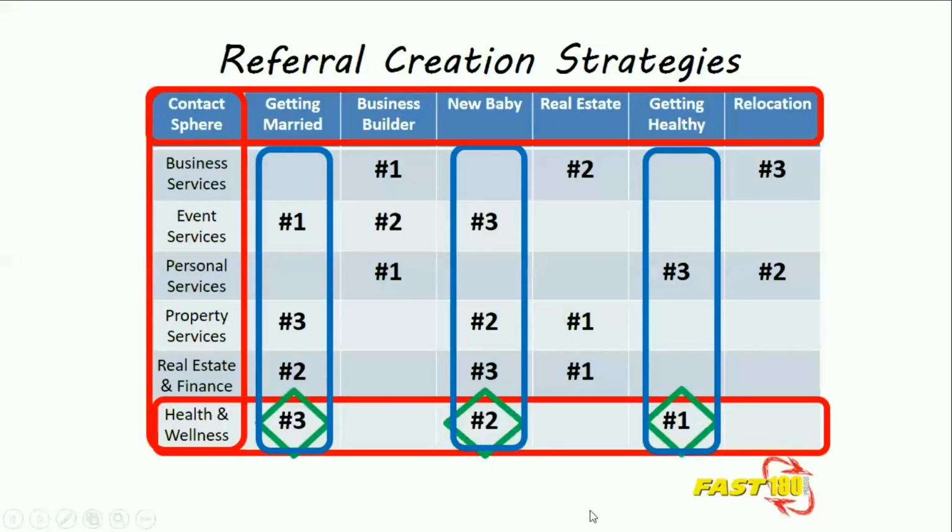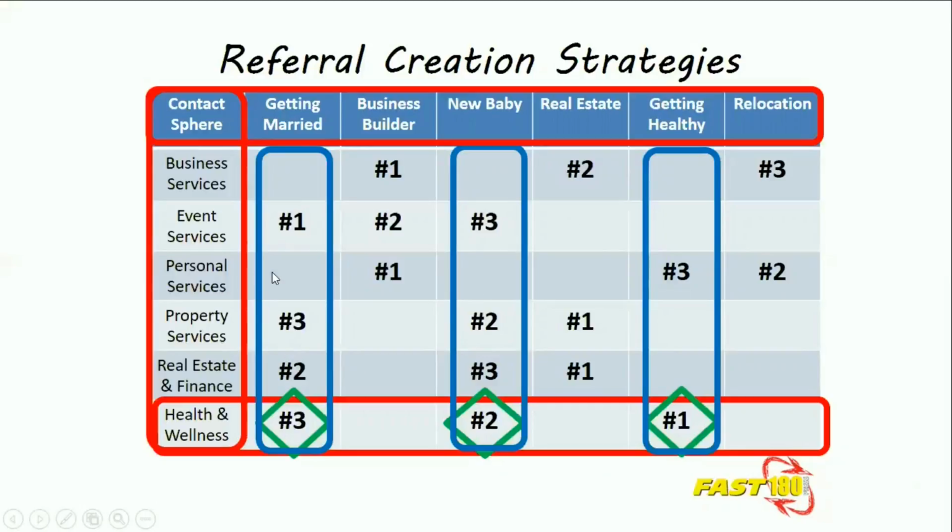This is a really cool matrix that has a lot of different things going on, but basically everybody in BNI knows about contact spheres. Your business falls inside a contact sphere, business services, event services, and so forth. If you're familiar with the money on the table material, you're familiar with the 6 life cycle events, people getting married, building a business, and so forth.